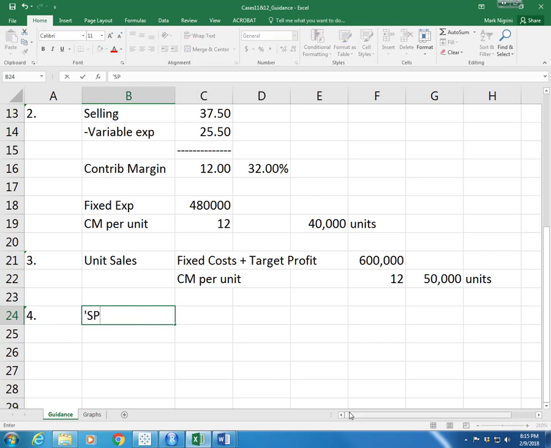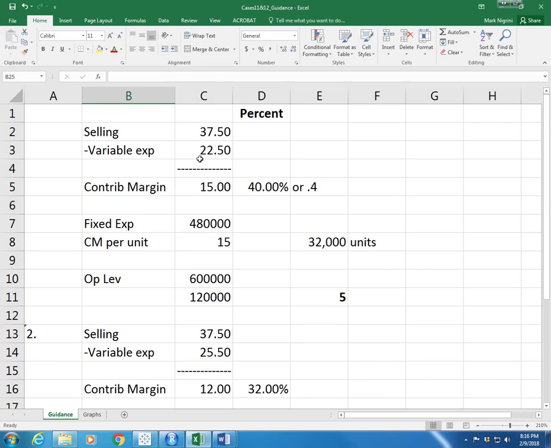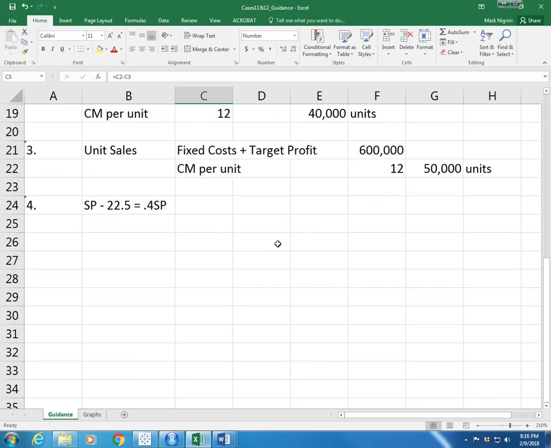My selling price minus my variable costs, 22.5, gave me an answer which was equal to 0.4 times the selling price. So I go back over here. My selling price minus my variable costs are going to give me an answer of $15, and this $15 is 0.4 of $37.50. There it is.